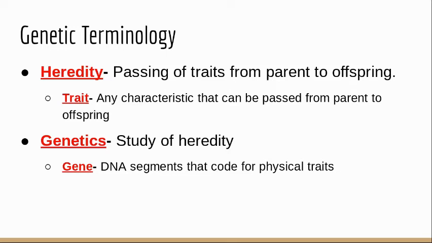These genes are specific parts of that large strand that code for specific traits. So out of that long strand, we have a small portion that codes specifically for hair color, and another portion that codes for dimples. That kind of idea.